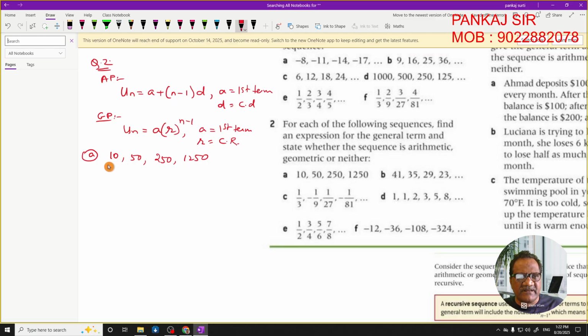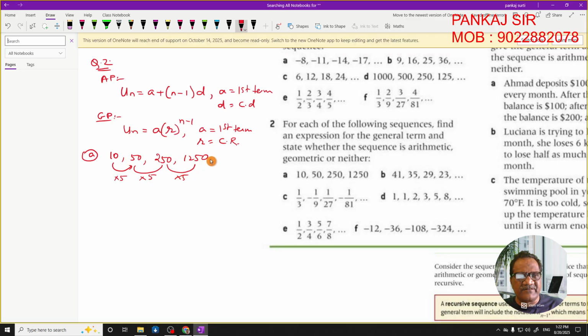Now if you see, 10 multiplied by 5 gives us 50, 50 multiplied by 5 gives us 250, and 250 multiplied by 5 gives us 1250. So on multiplying by a constant number 5, we get the successive terms.